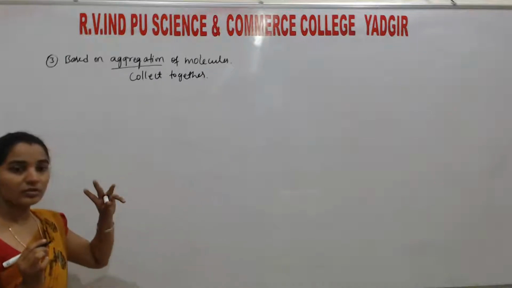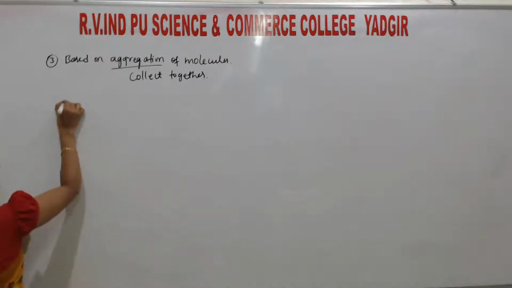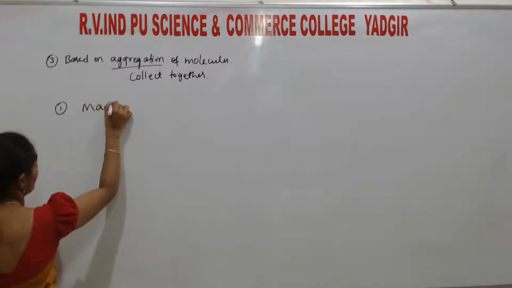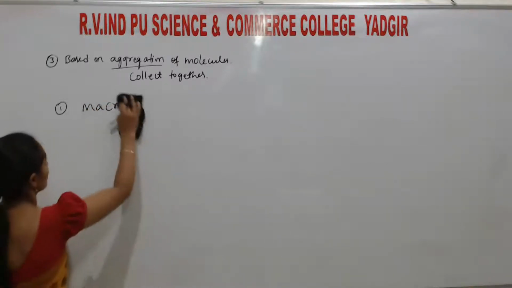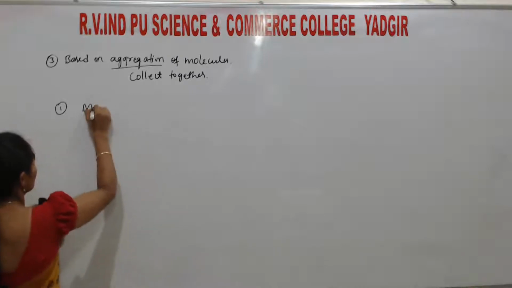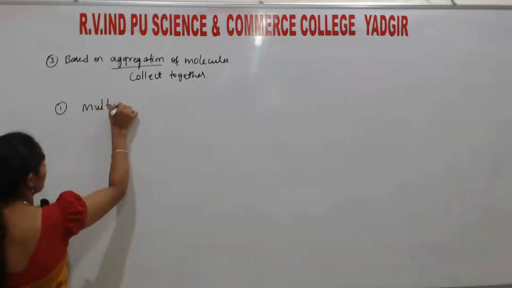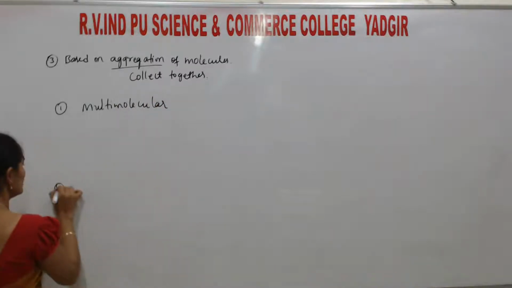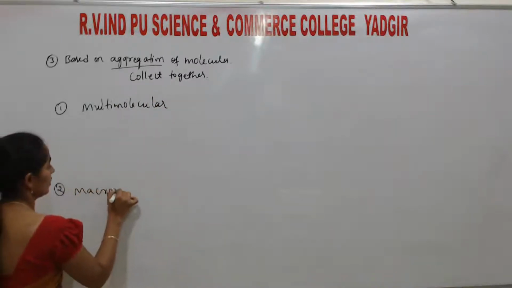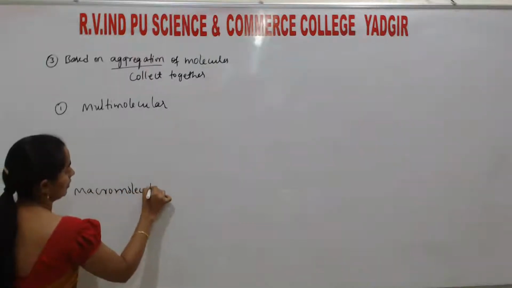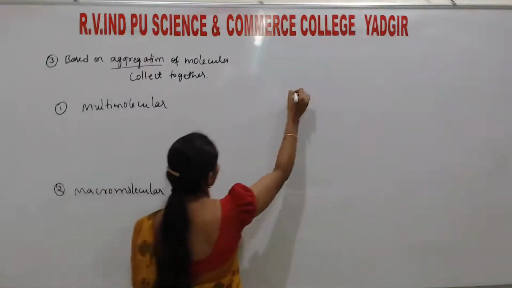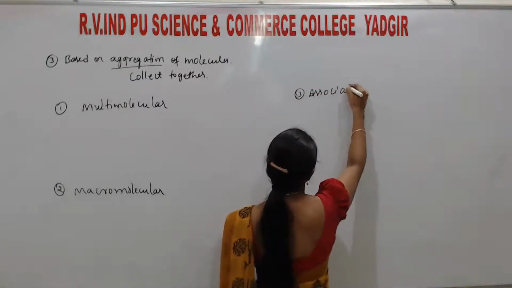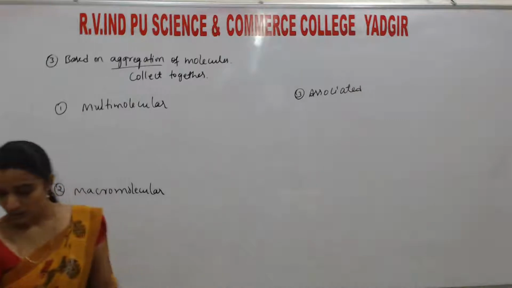Okay, so in this there are three types. One is multimolecular, second is macromolecular, third is associated.